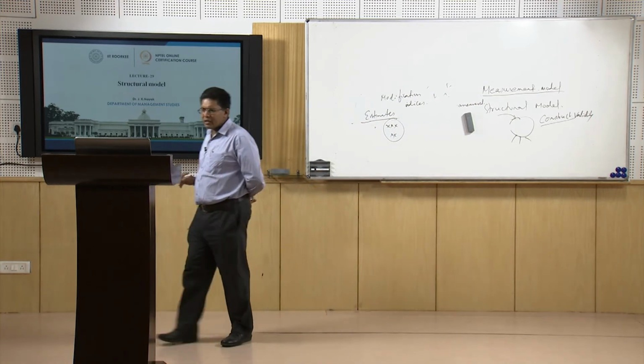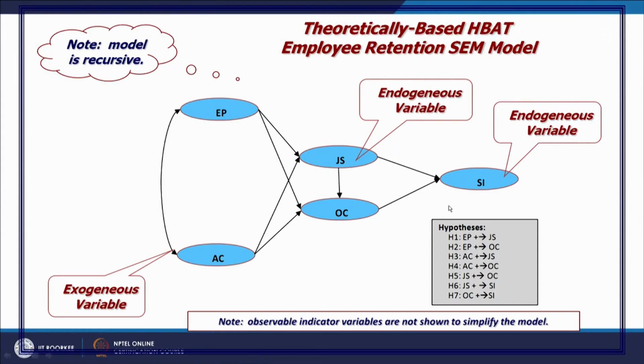Suppose EP to JS. Now, it will give you a significant or non-significant relationship, it will explain that. So, if the relationship is significant, then we say that yes, JS is really getting affected by EP and it is not due to chance that it has happened only this time, right.